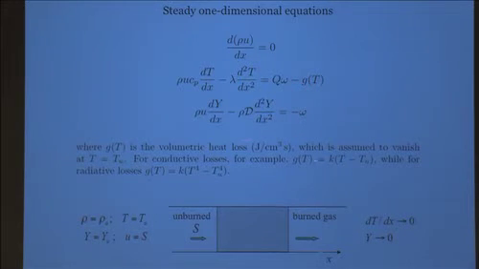So for example, if it's conductive loss, it's going to be a heat loss parameter K multiplied by the difference between temperature T and the unburned temperature, Tu, of the fresh mixture. And if it's due to radiation, it's going to be something of the form T to the 4 minus Tu to the 4. But at the moment, for this discussion, it doesn't matter which it is. It's some function of temperature, okay?